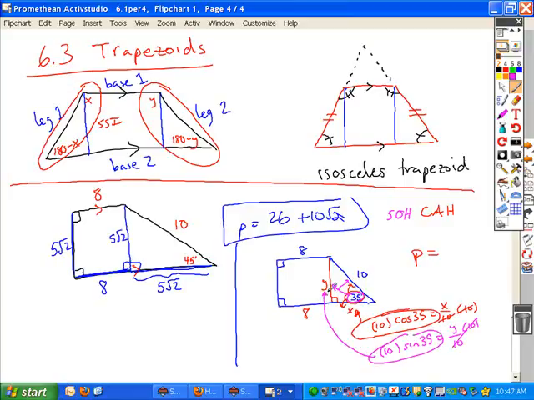And so here is your length y, which is equivalent to this side as well. So if you add 8, 10, 10 times the cosine of 35, and 10 times the sine of 35, you'll get your total perimeter for that figure. So again, that's all that you're probably going to see right now. But even when we get to areas, these same unique relationships are going to appear again.